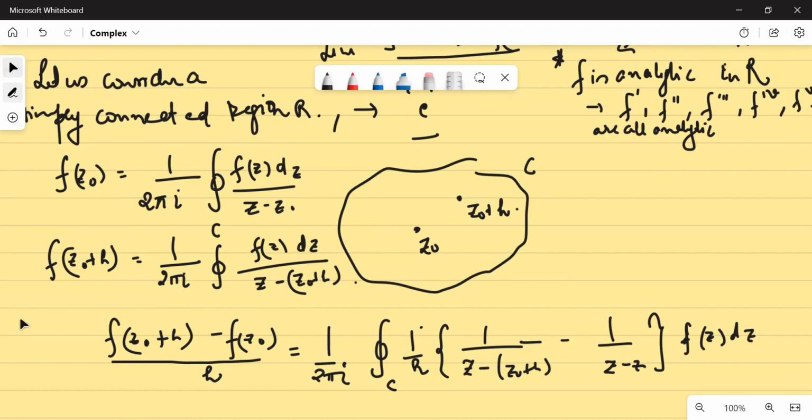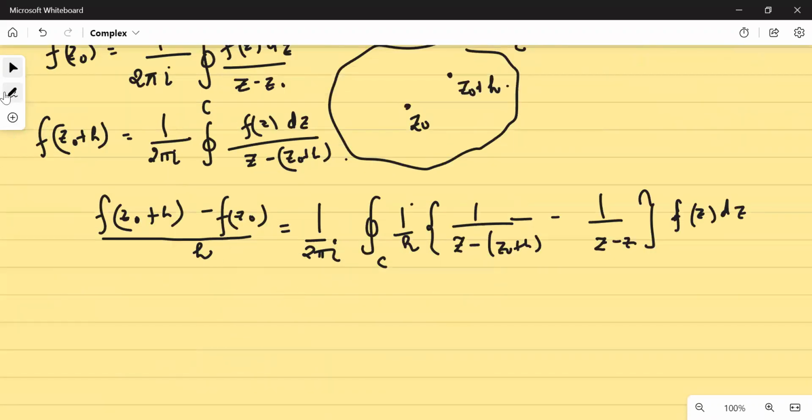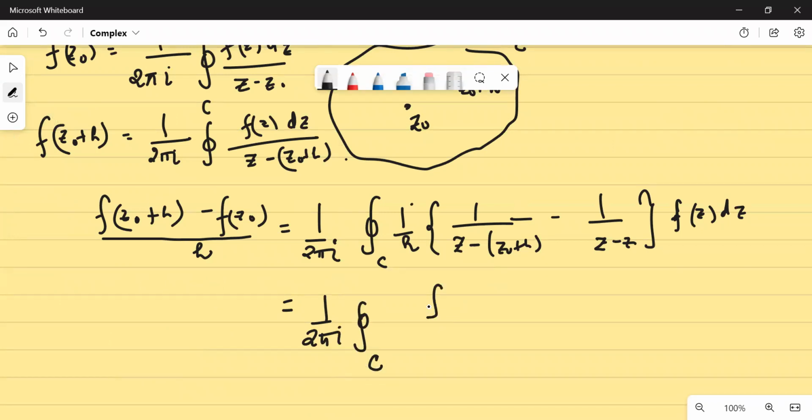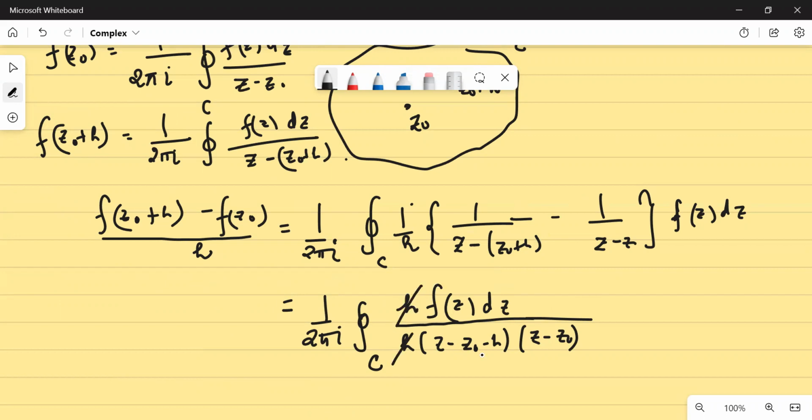If I write further, this will be 1 upon 2 pi iota integral over C of f(z) dz, then you just have to see: z minus z naught goes on top, and here comes z minus z naught minus h. So this will be plus h, and here the plus h gets cancelled with h. Is that clear?